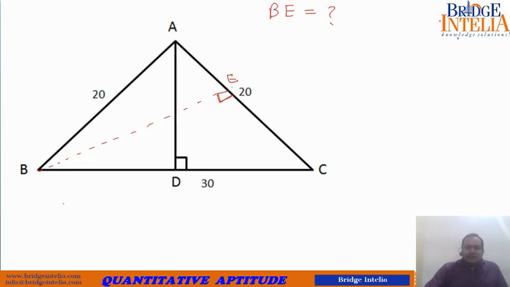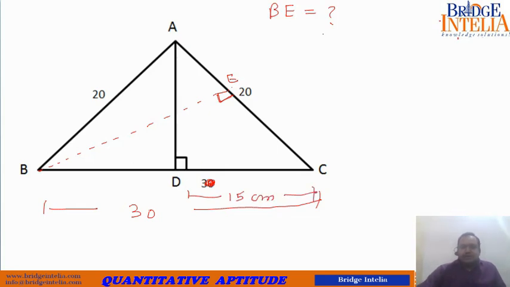Now see, in triangle ADC, DC is equal to BD because this entire length was 30, and since you have drawn the altitude, this base got divided into two equal parts. So from here up till here, this much length is 15.